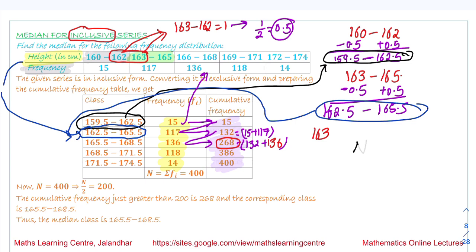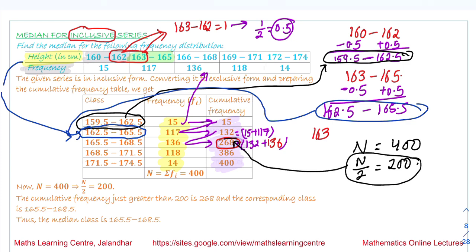Now the value of n that we have is 400, and n by 2 is 200. The cumulative frequency just greater than 200 is 268. It means this class, 165.5 to 168.5, is the median class.